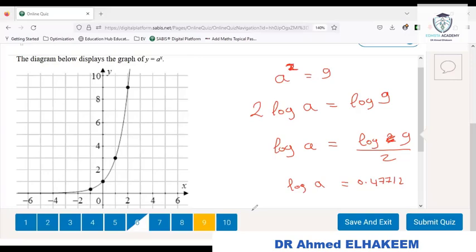Shift log answer. Again, please divide log 9 by 2. You will find an answer. Shift log answer. It's 3. So you can find it easily for any function.